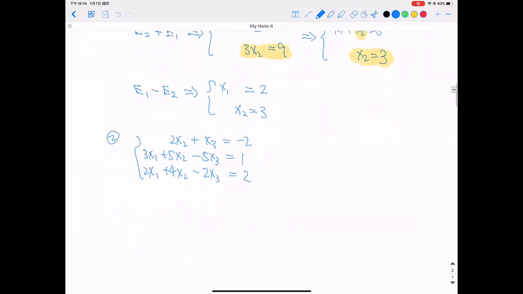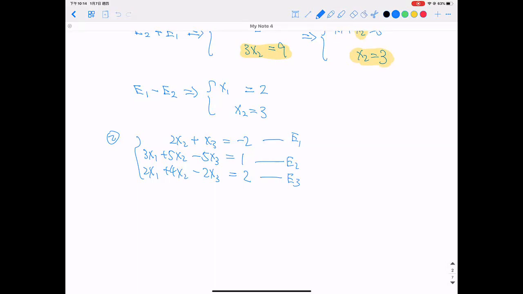All right, so what do we do here? What do we want to do? Again, the goal is to eliminate variables. So which one would be easy to eliminate? This is E1, this is E2, this is E3.